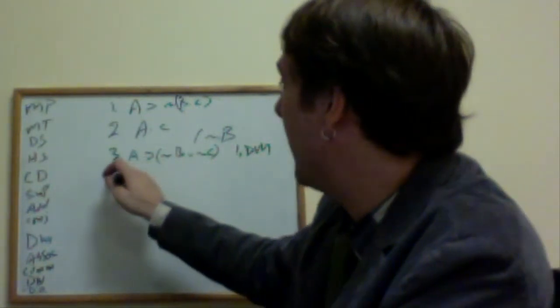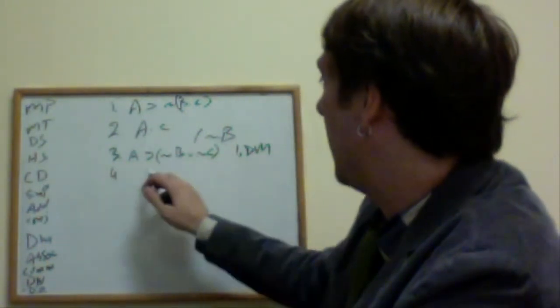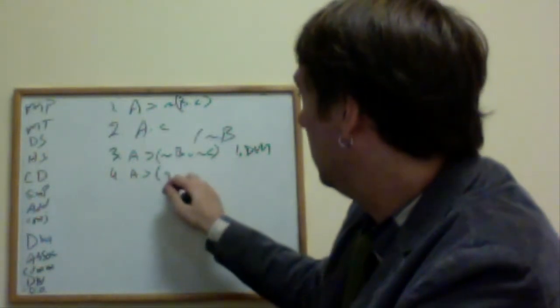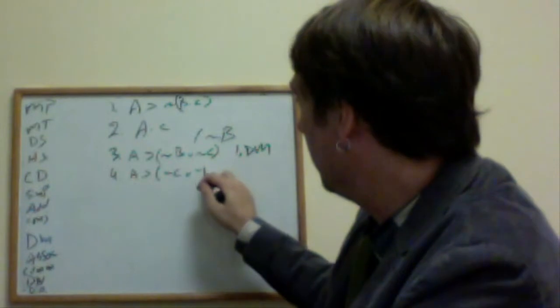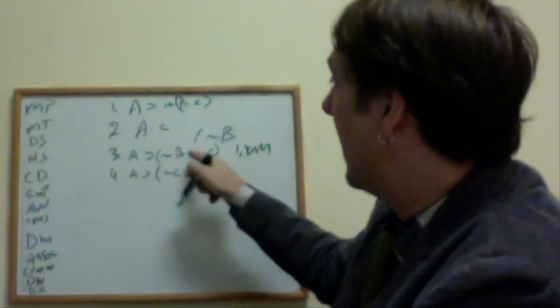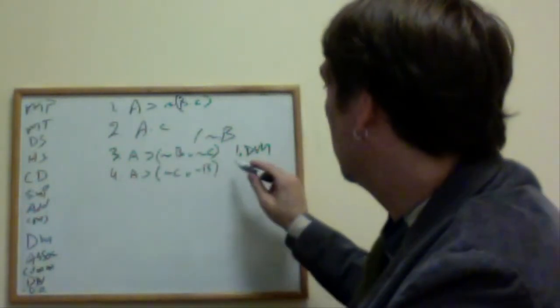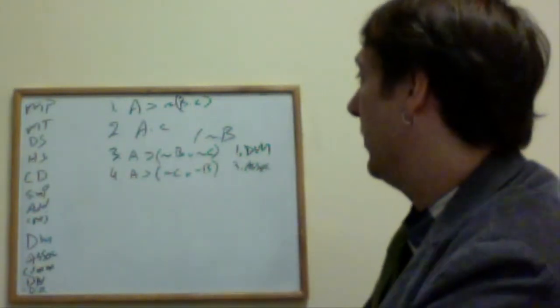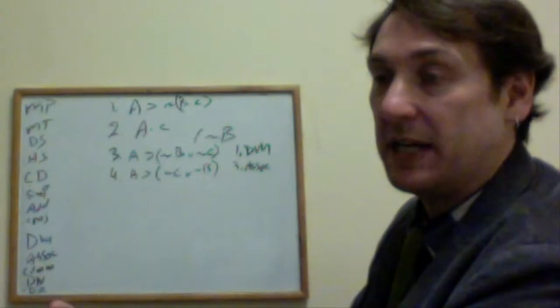So let's anticipate that and change this around. So line 4, we'll write A horseshoe tilde C wedge tilde B, and we did that from line 3 by commutativity. We simply switch the order in anticipation of what we're going to do.